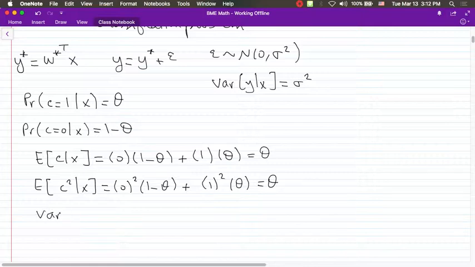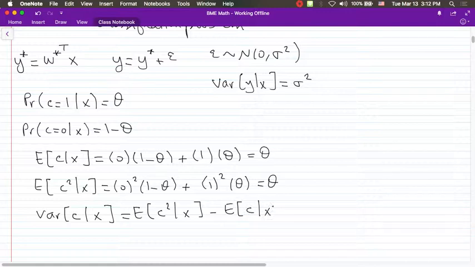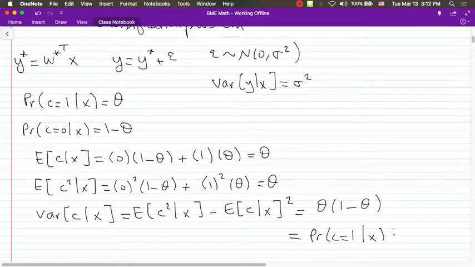So the variance of my class given X is the expected value of C squared given X minus the expected value of C given X quantity squared, which is then theta times 1 minus theta, which is equal to the probability that C is equal to 1 given X times the probability that C is equal to 0 given X.